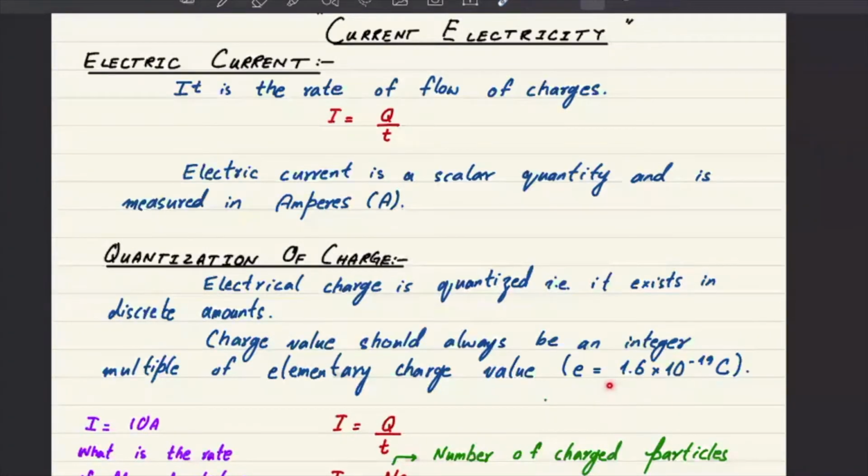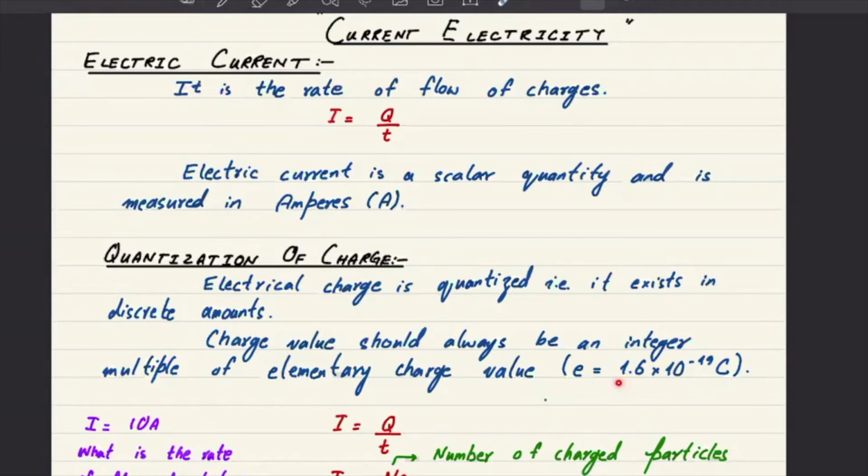So every charge value should be an integer multiple of this, because the charge on the smallest charged particle, which could be either an electron, is negative 1.6 times 10 to the power minus 19, or on a proton, it's going to be positive 1.6 times 10 to the power minus 19 coulombs. If there are 2 electrons involved, it will be multiplied by 2.